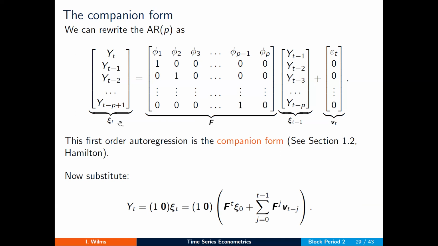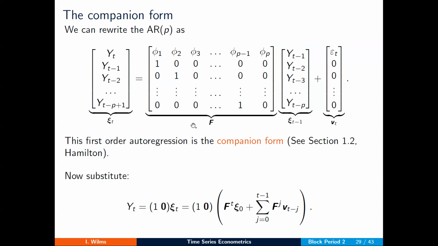To arrive at an AR1 representation, we would need to have this vector over here, denoted by xi t, popping up at the right-hand side with its lagged value, so xi t minus 1. And this is also what you see happening. The first entry becomes yt minus 1, second yt minus 2, and so on.